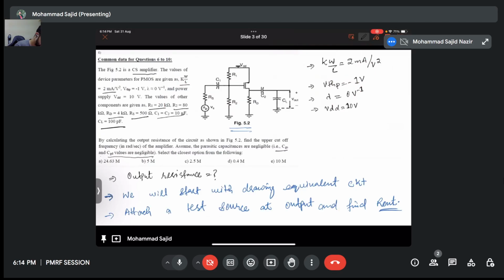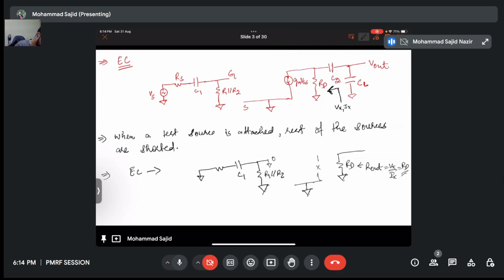What is the next step? Upper cutoff frequency. Therefore, fH will be given by 1 by 2 pi C out times R out, right?